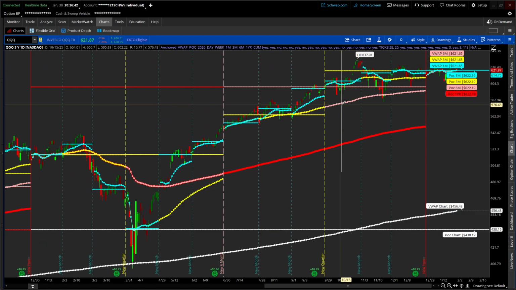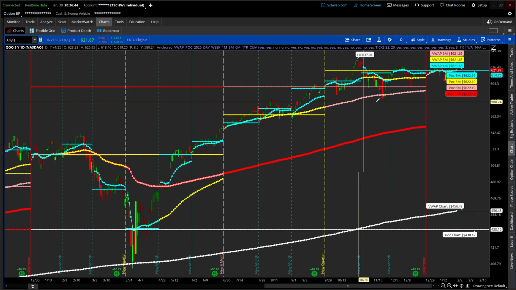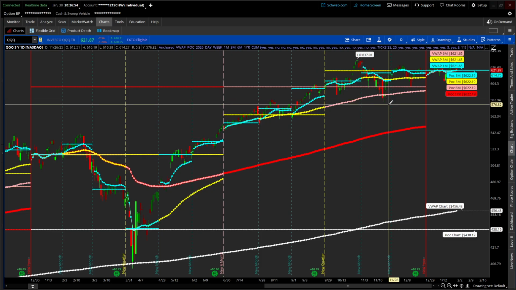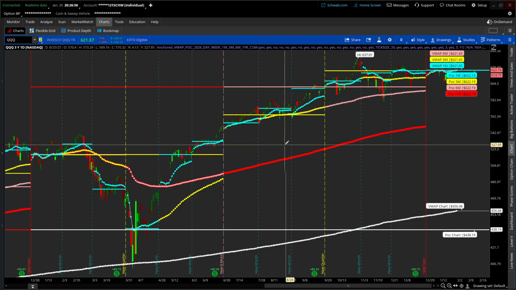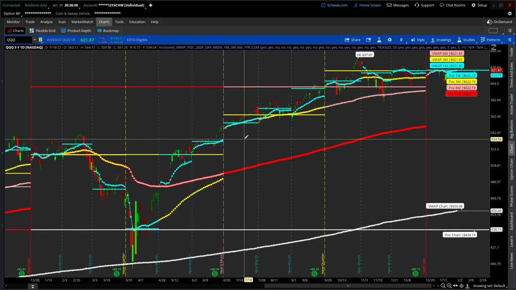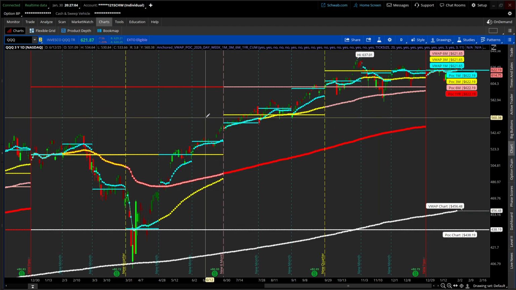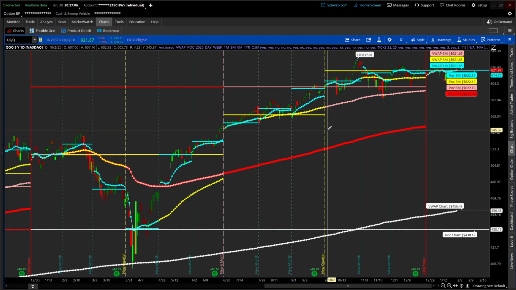And our pink VWAP right here represents 6 months, and you can see where it actually acted as support for the year 2025 back here in November. You can see other places where these VWAPs actually acted as resistance as well, but mostly support because we were in a trending market going up, and the points of control as well.